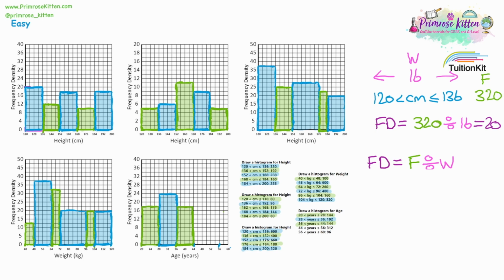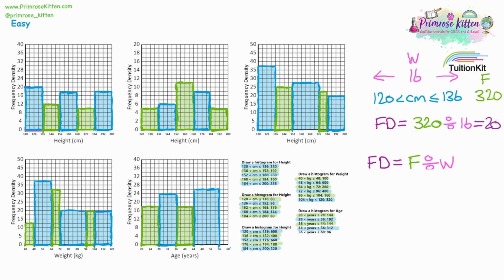So 312 divided by 12 gives us 26. So now not only do we have a bar that is wider than the other ones, it's also taller than the other ones. The area is significantly more, and it's going to represent significantly more people. It's representing 312 people, where the biggest one previously was 192. So it should be bigger than all the others.